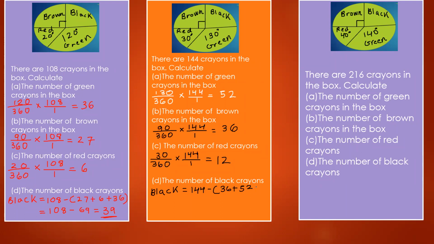And then 144 minus 100 equals 44. So 52, 36, and 12 together give you 100. And 144 minus 100 is what? 44, very good.